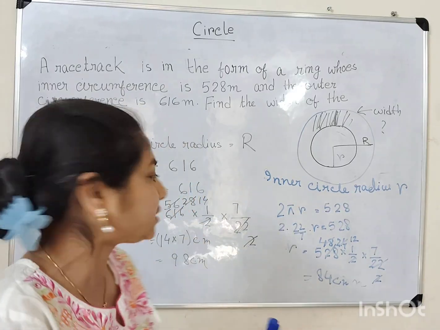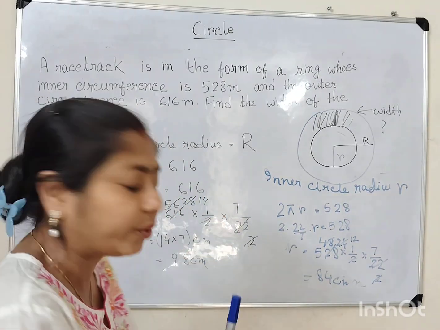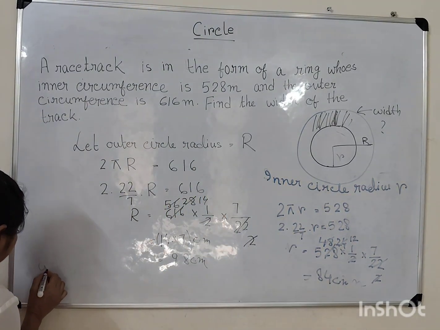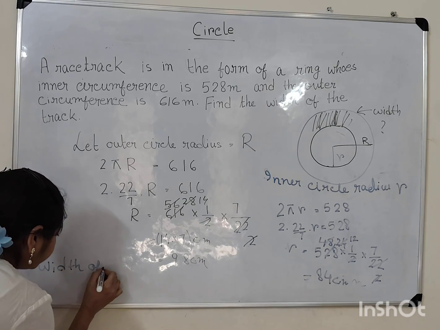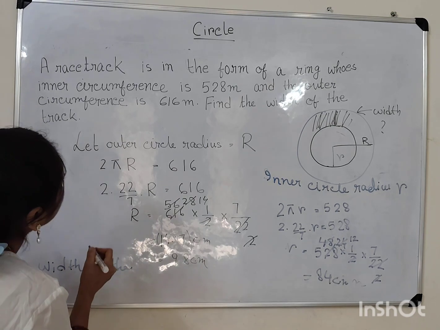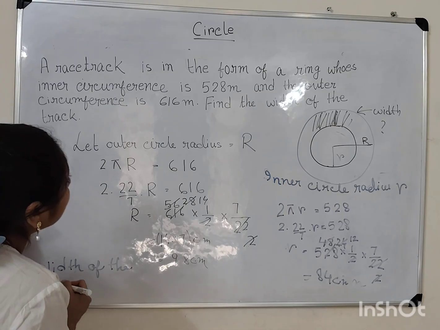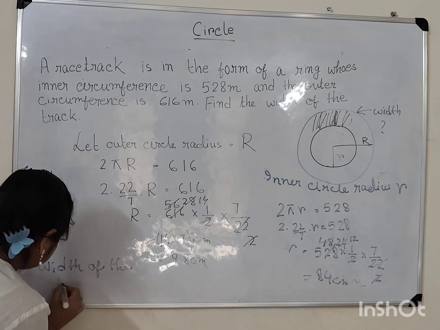I found the outer radius and inner radius. But what is our question? Our question is what is the width? So how can I write width? Width of the track.